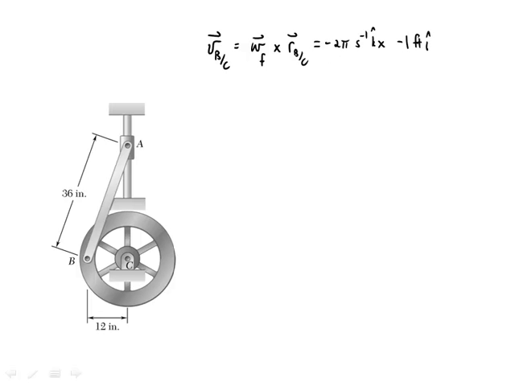So k cross i is j, minus and minus gives me a plus. So this is 2 pi feet per second in the j hat direction. Moving up makes a lot of sense, so that's okay.